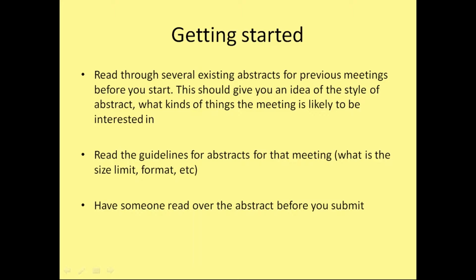So look at both, especially if you have to designate whether you're planning to do an oral or a poster presentation. It gives you a good idea of the style of the abstract and what kinds of things the meeting is likely to be interested in.